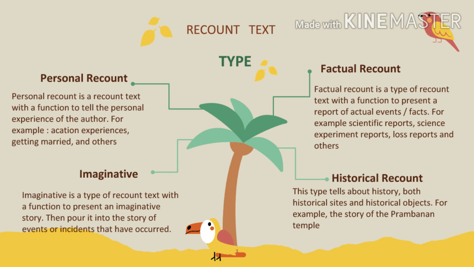This type tells about history, historical sites, and historical objects. For example, the story of the Prambanan Temple. Recount text has several types that you can use for writing, but they must be adjusted to the purpose of the writing itself.